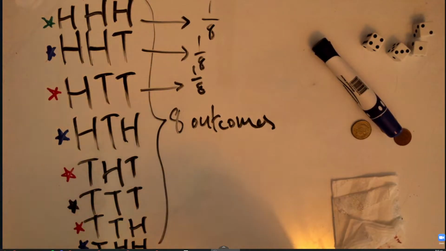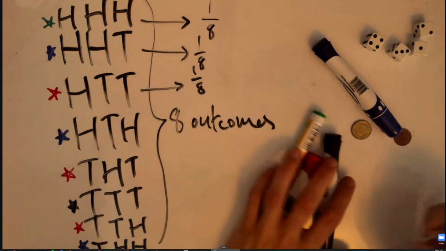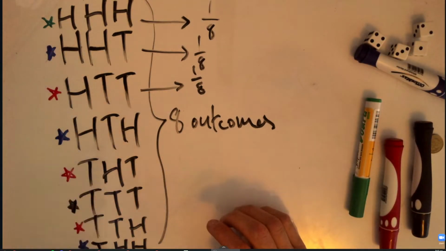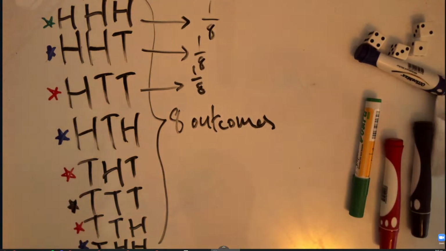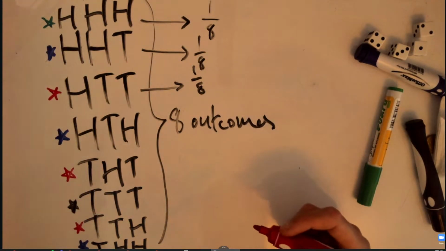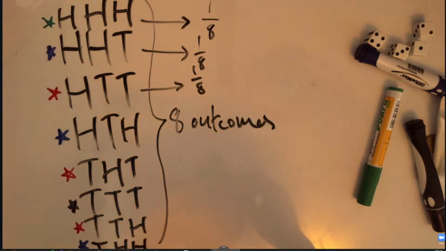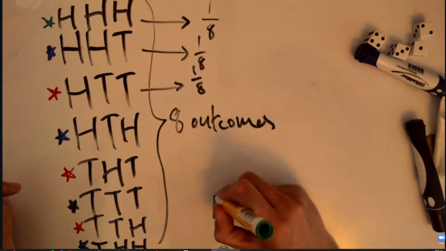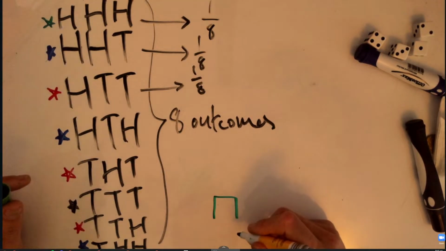So in the binomial distribution, we stop worrying about order, and instead we count up the occurrences, or how often each one happens. Heads, heads, heads is our first thing, if you get a triple heads.